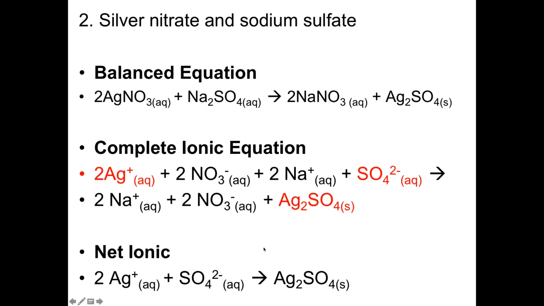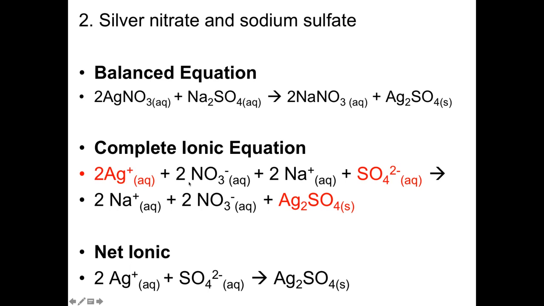For silver nitrate and sodium sulfate, the balanced equation will be 2AgNO3 plus Na2SO4 going to 2NaNO3 plus Ag2SO4. Again, the solubility rules are how we got this: this is aqueous, this is aqueous, this is aqueous, and this forms the solid. Complete ionic, all the aqueous are split apart.